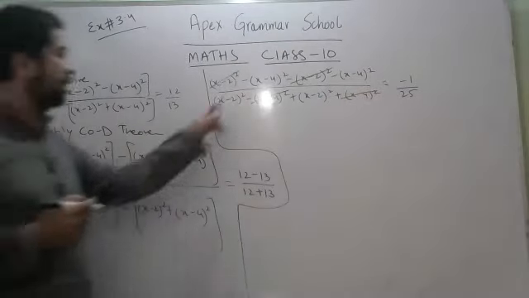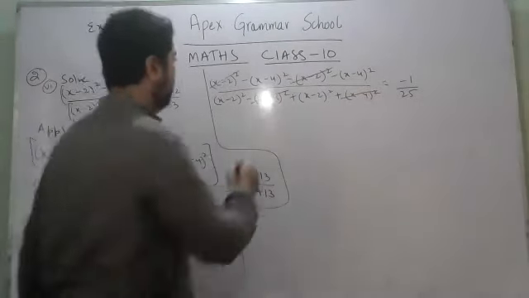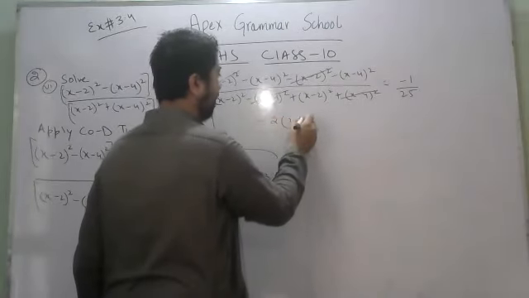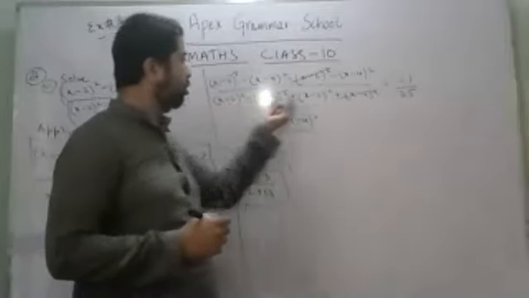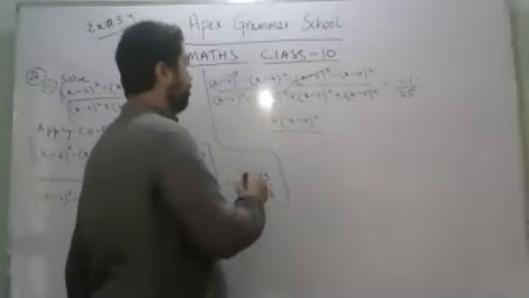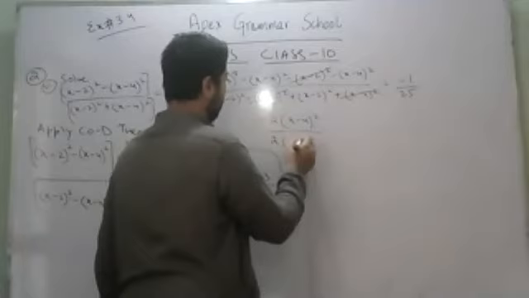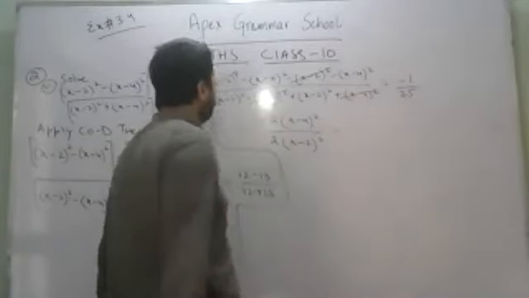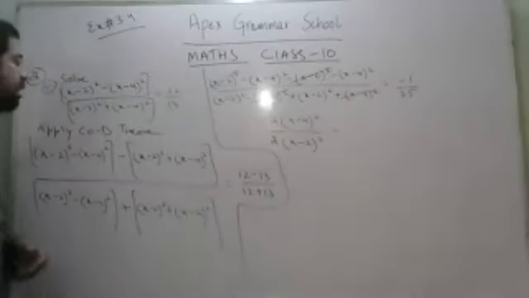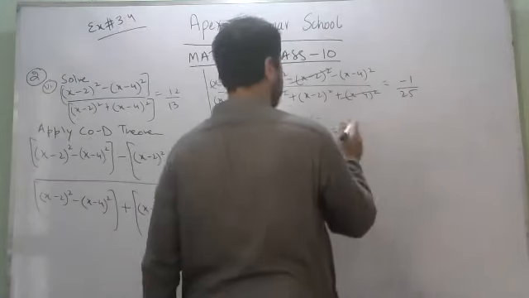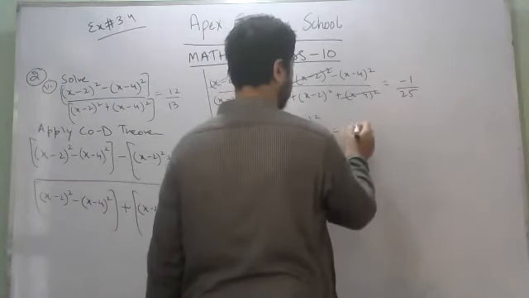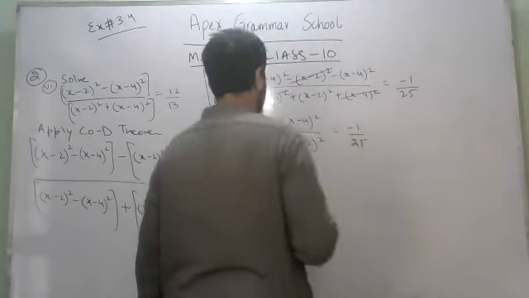So you will have minus and minus, minus 2(x minus 4) whole square, and for the denominator (x minus 2) whole square plus (x minus 2) whole square will make 2(x minus 2) whole square is equal to 12 minus 13, answer is minus 1, and 12 plus 13, answer is 25. So minus 1 over 25 will be here.